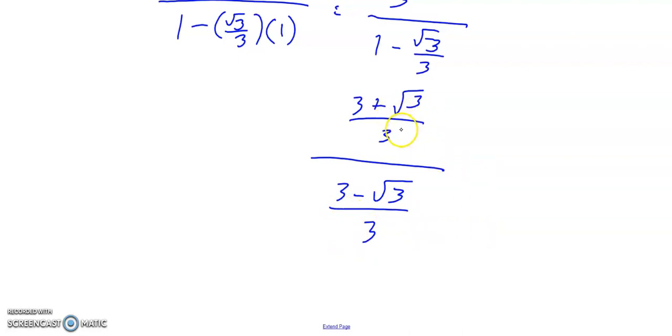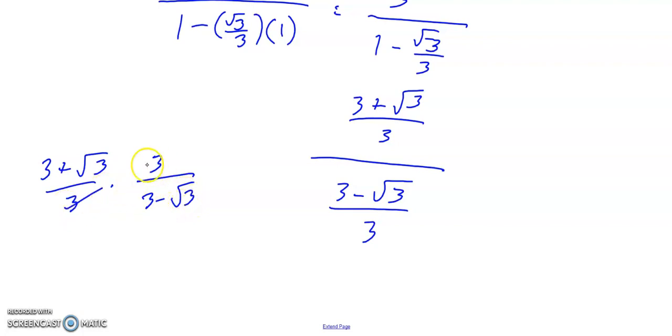Let's go ahead and multiply by the reciprocal of the bottom. My goodness, I'm making a mess here. 3 plus radical 3 over 3 times 3 over 3 minus radical 3. The 3's are going to cancel out on top and bottom.